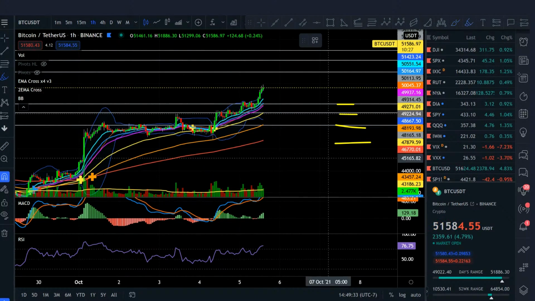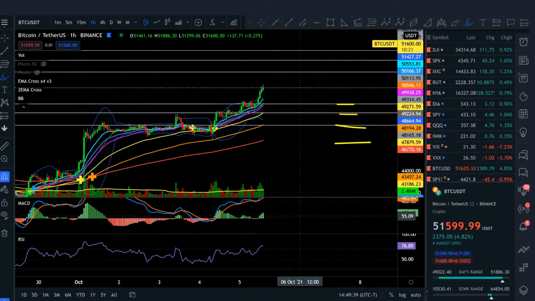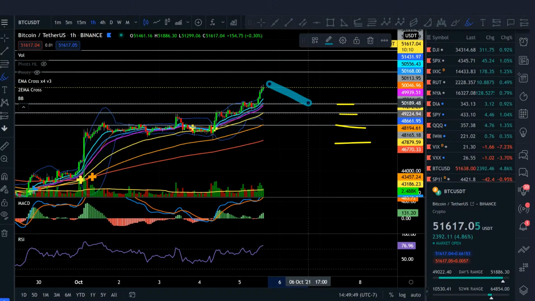Here though, we are starting to see some momentum fading on the 1 hour. So eventually, probably 1, 2, 3 days from now, we might continue to rally on Bitcoin, but the momentum will start to fade. Then we'll start to get our next pullback down to 50 probably.